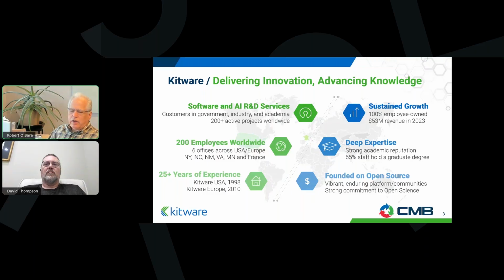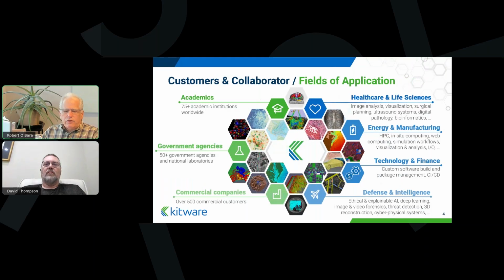Our mission is to produce cutting-edge open-source tools that will accelerate discovery and empower innovation, whether in the lab, clinic, or in the field. We have over 200 engineers, researchers, and developers spread across 6 different offices across the US and in Europe, including New York, North Carolina, New Mexico, Virginia, Minnesota, and Lyon, France. This distributed collaborative culture fuels our ability to develop impactful solutions on a global scale.